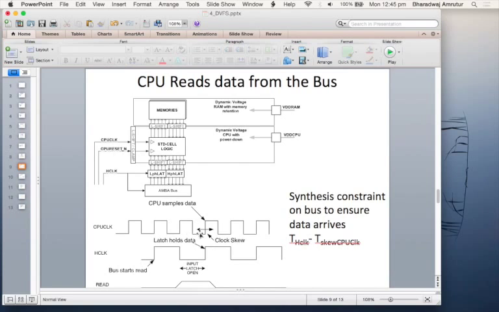Then the CPU clock will be able to pick up that data properly. So what this means is that when you do your synthesis of the bus and everything else, you have to give this delay constraint to the synthesis tool, so that when it synthesizes, I synthesize to this delay.